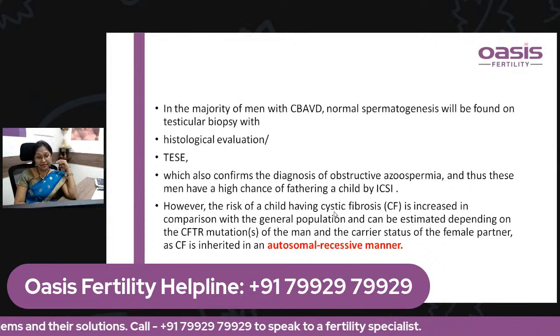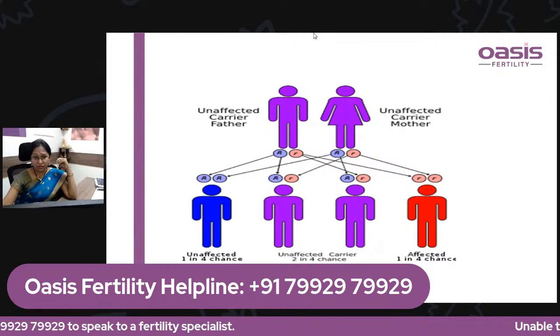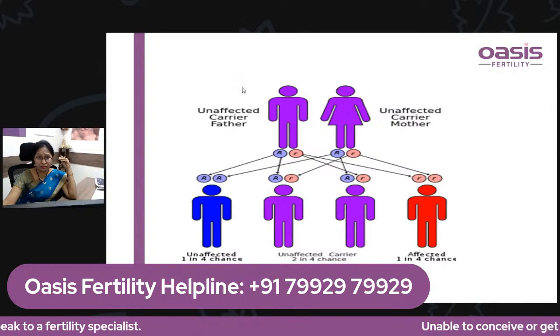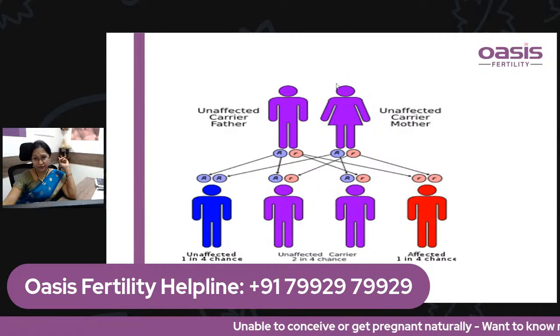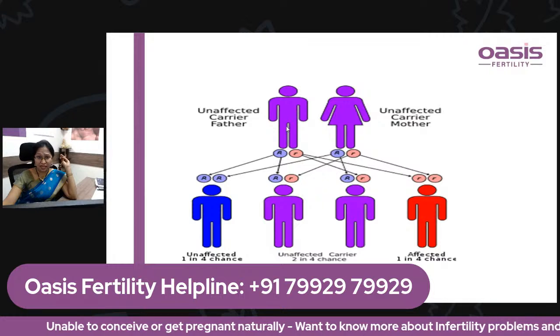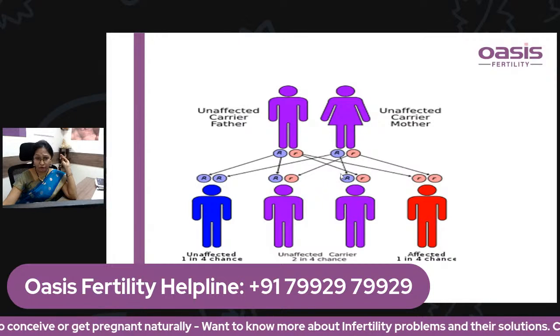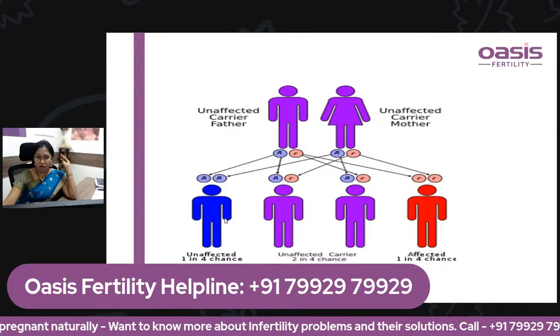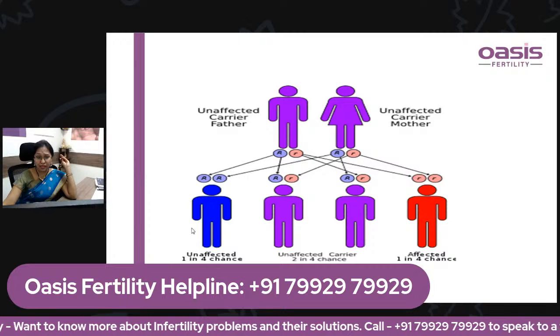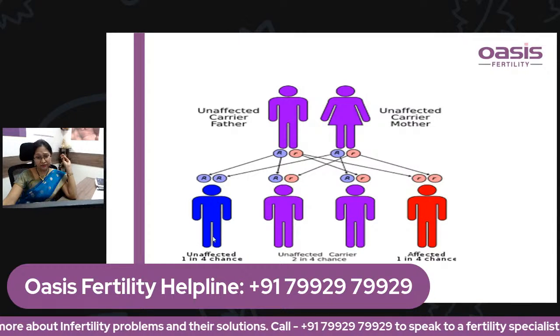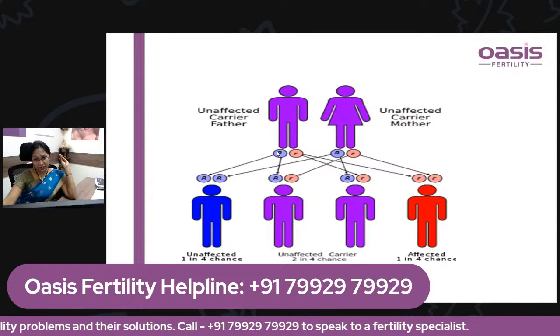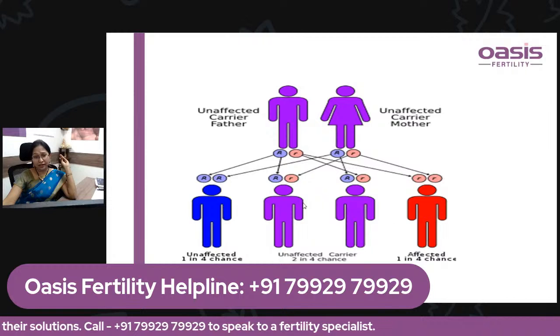As this is inherited in an autosomal recessive manner, if you see, this is an unaffected carrier father and an unaffected carrier mother. But when it comes to their offspring, one out of four children can remain unaffected, one will be affected, and the other two will be carriers.